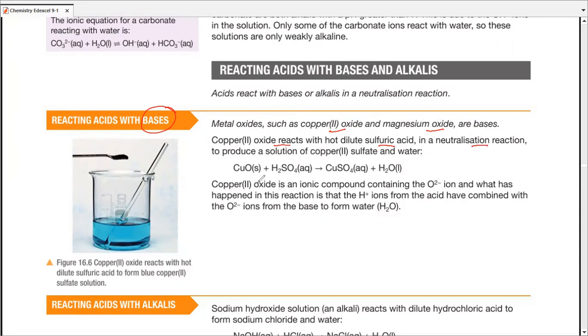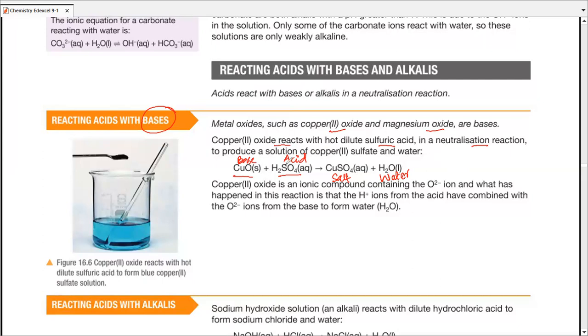What's going to happen is that the oxide will react with the acid and it will give you salt and water. This is a very good way to memorize this equation. So when a base reacts with an acid, it gives you salt and water. If you keep this in mind, you would know that every time an acid and a base react, it gives salt and water.